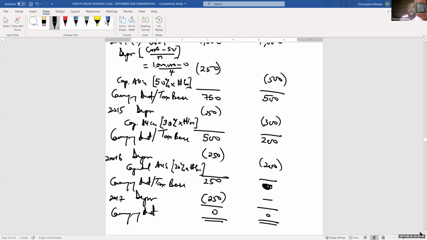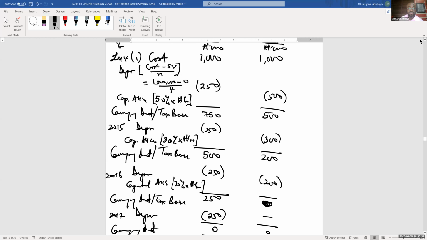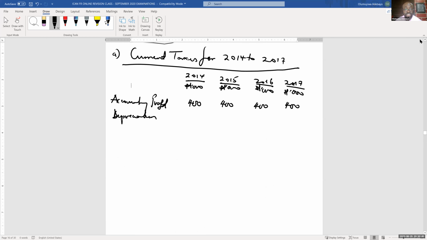Now, what do I need? I need information about depreciation for each of the years that have to be added back. And from this solution, I found out that it is 250. I have to add back, which means each year, depreciation is 250. If a different method had been adopted for depreciation, this value would vary.